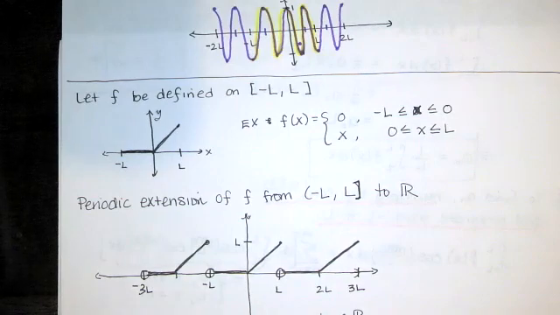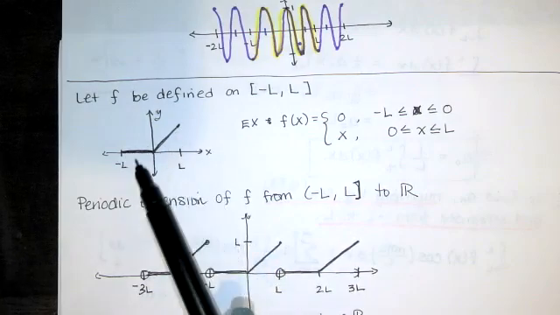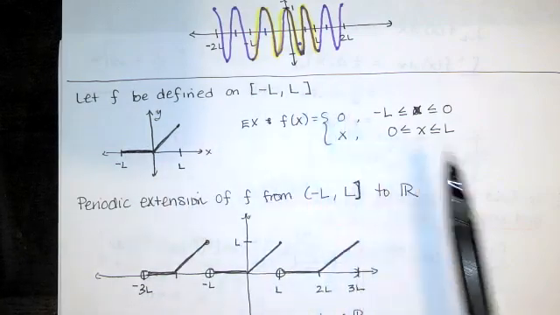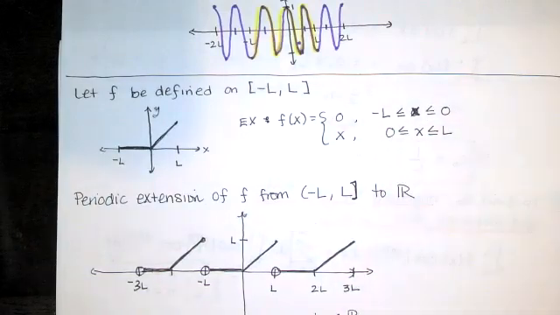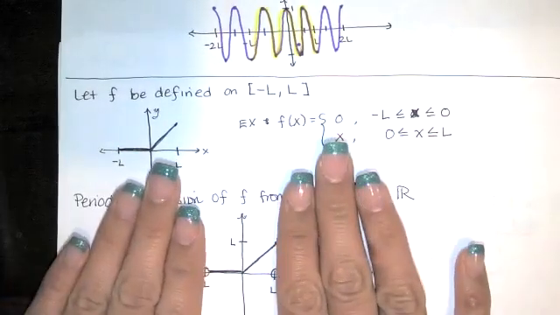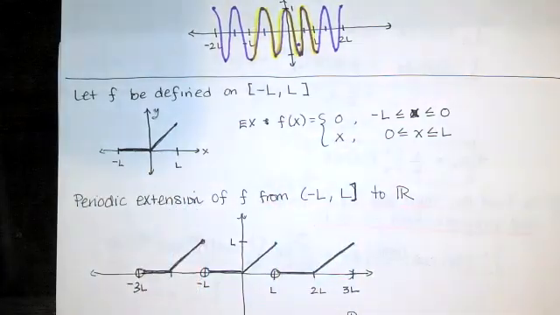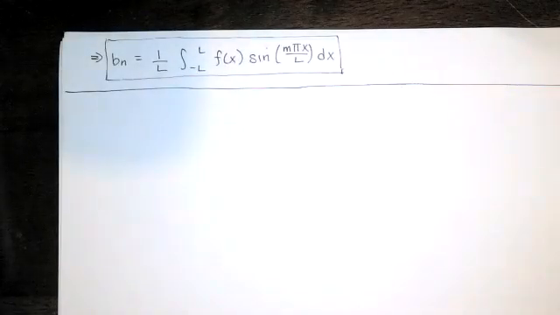But really, I'm interested in adding up all of those sinusoidal functions, that constant plus some combination of cosines plus some combination of sines with different frequencies, in order to get this function back on this interval. So even though we created the periodic extension of f for the entire real line, our interest is really only here from negative L to L, or here where that original function was well defined. So let's write that down.